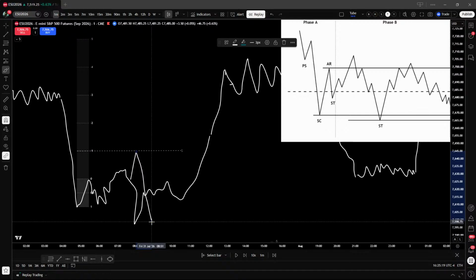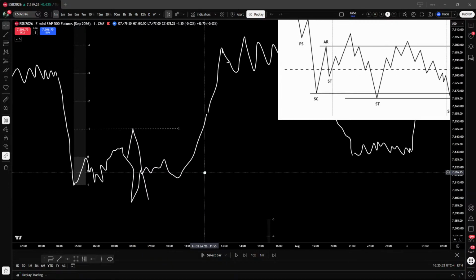Or maybe not dumps, but a really fast move down. Fast move up and then fast move down. Then I might be thinking, okay, this might not work out.